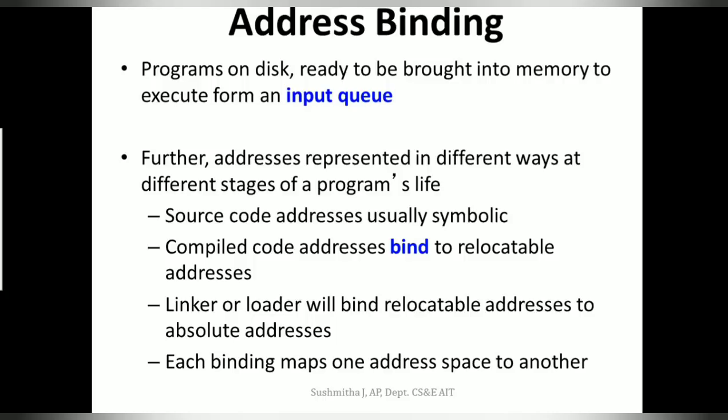The source code that is written will be represented as a symbolic address by the user. That will be bound to a relocatable address during compilation, and the relocatable address to the absolute physical address by the linker or the loader. Let us address each of that.